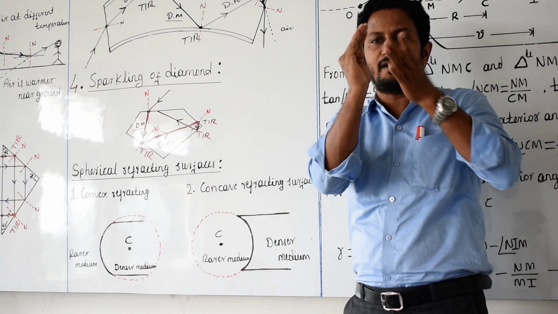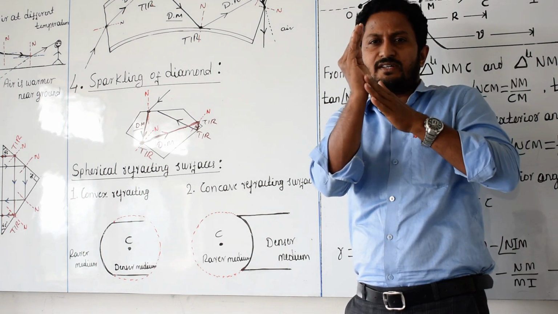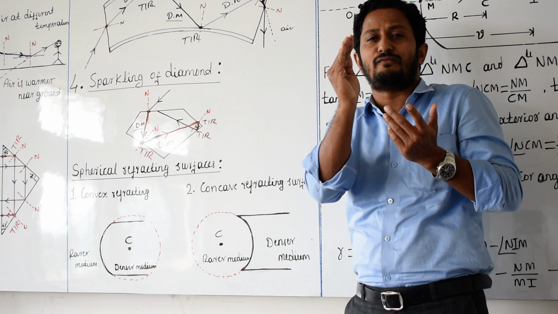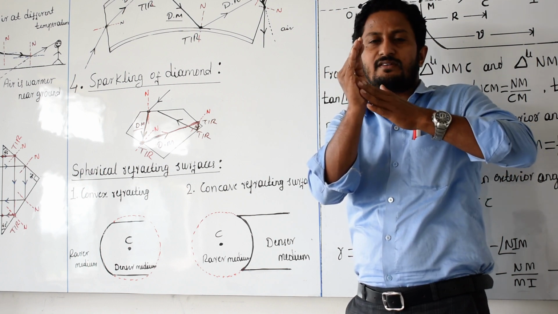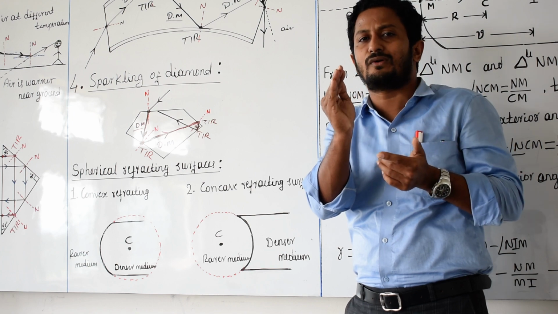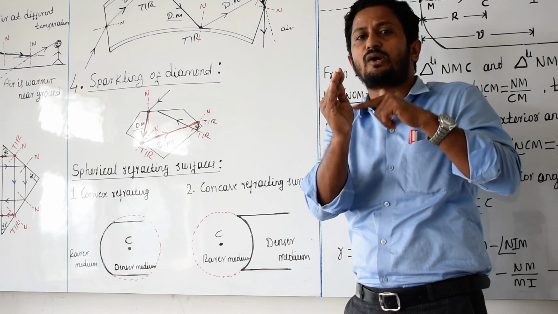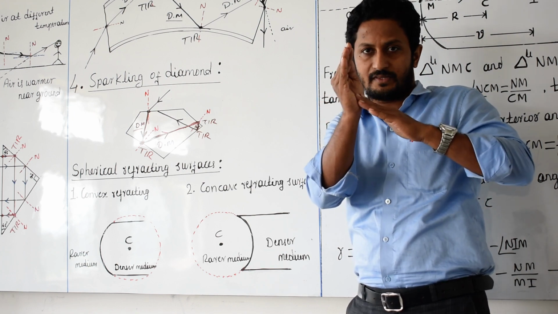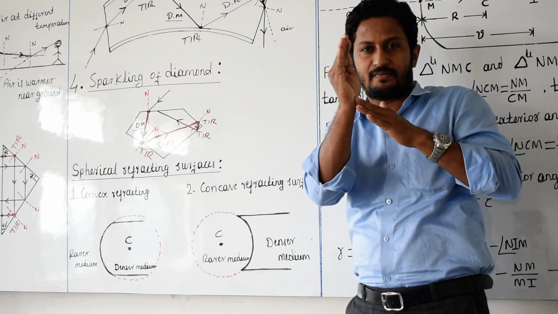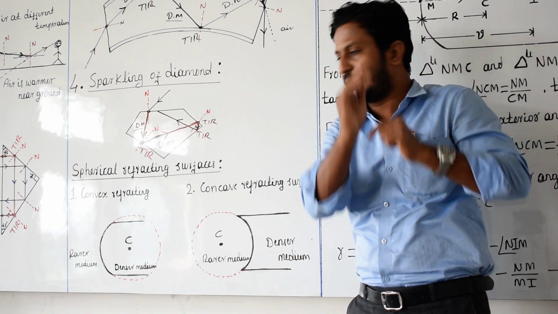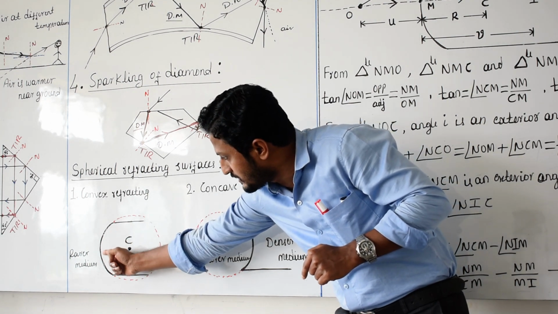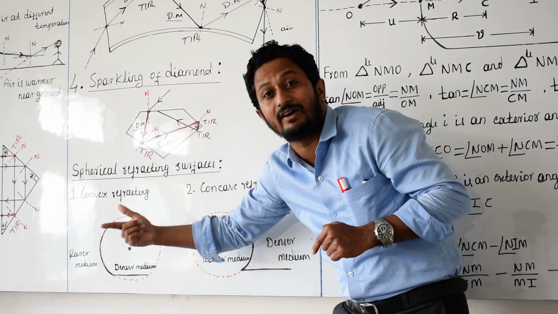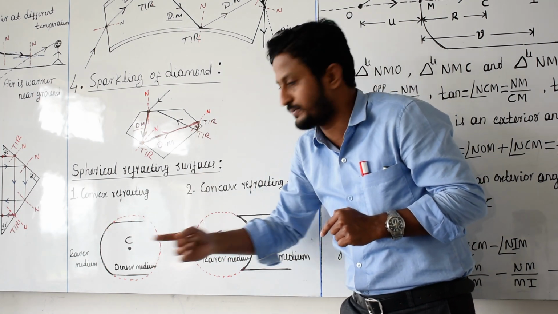From here to here it is one surface which is available for refraction. This surface which is available for refraction we call an aperture, from this point to this point. This curved surface is available for refraction.